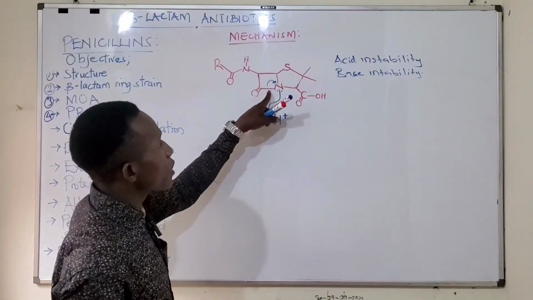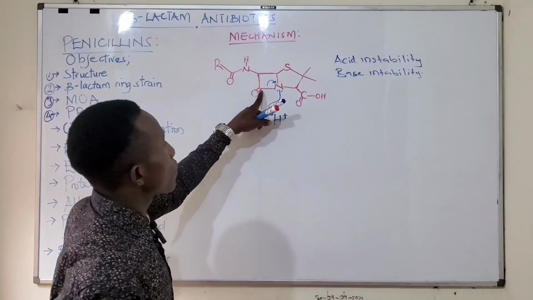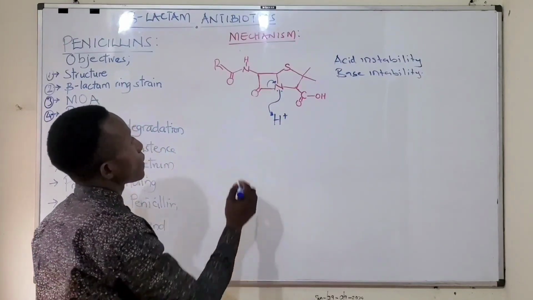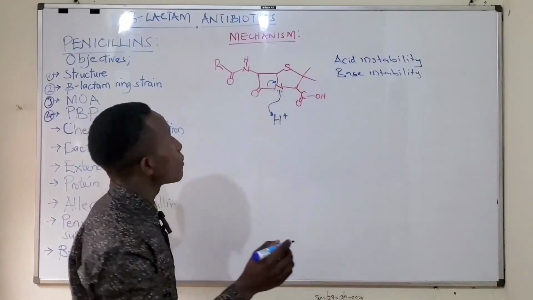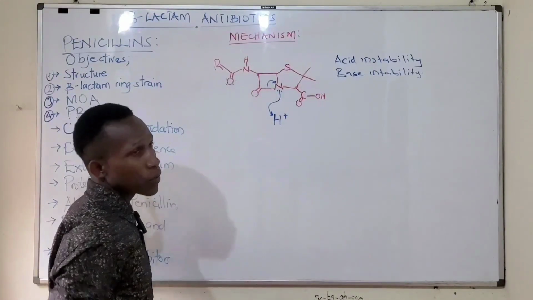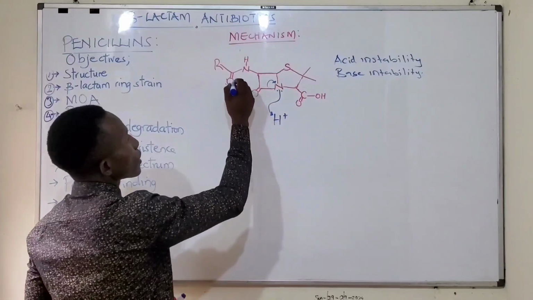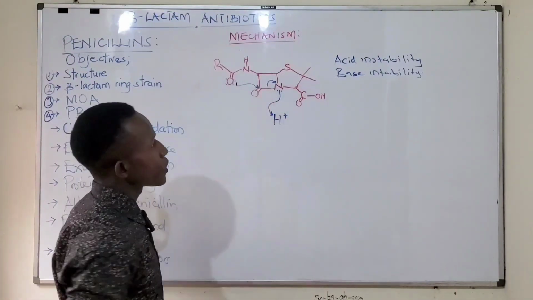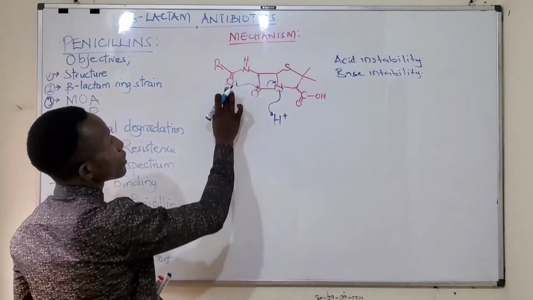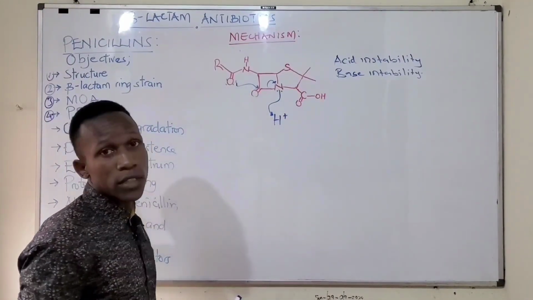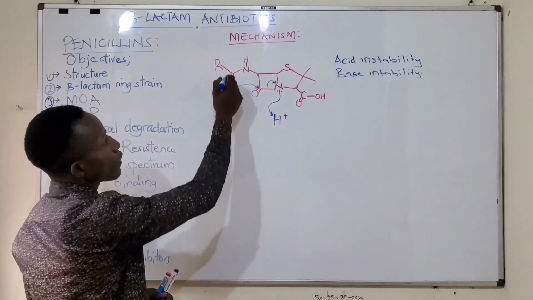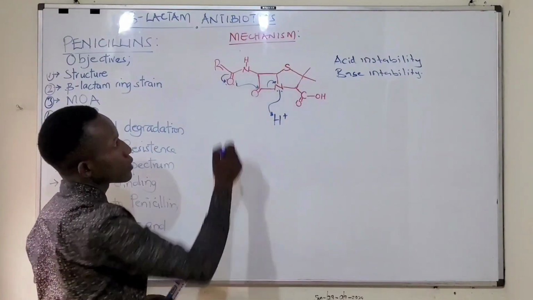When it takes the bond electrons, this carbon remains unstable because it shall now have only 3 bonds instead of 4, meaning that it will become partially positive. This oxygen has lone pairs of electrons, so it will stabilize this carbon. When it stabilizes this carbon, it itself will be unstable, having used its lone pairs of electrons, so we shall have the breaking of this bond.